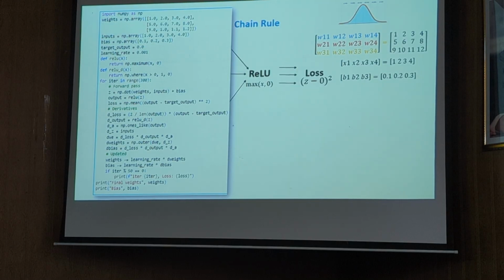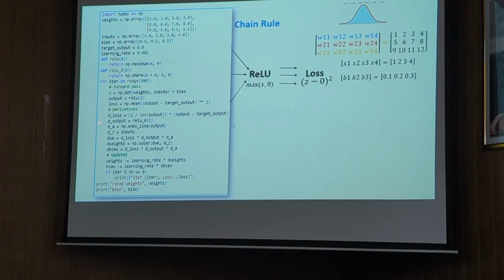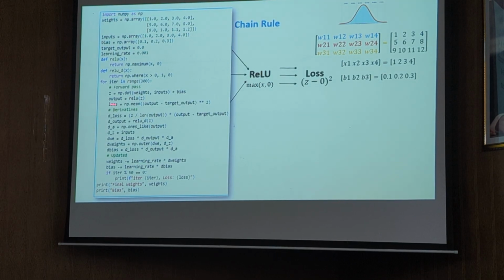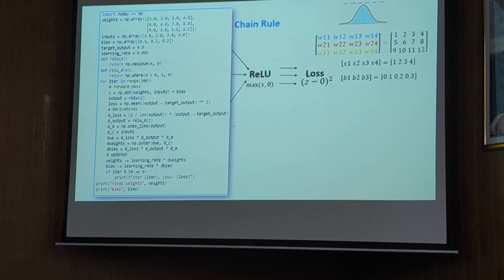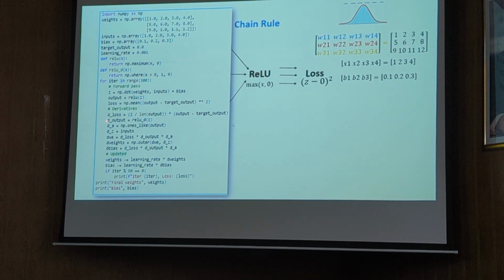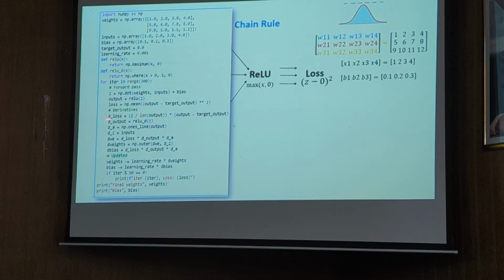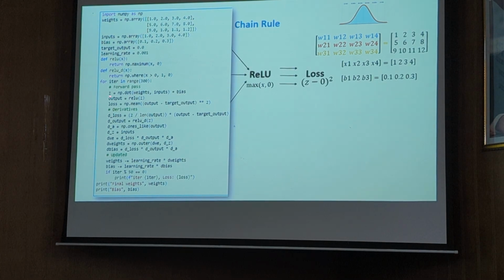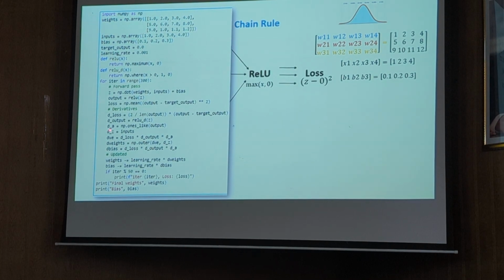Then for the backpropagation, the loss derivative. So 2 will come first, by the power rule, and this is the inside expression. And here I divide by the length, 1 over 3, since the length of this output vector is 3. Then I calculate d_output, saved in d_output, which applies the ReLU derivative on this input, and then dA.